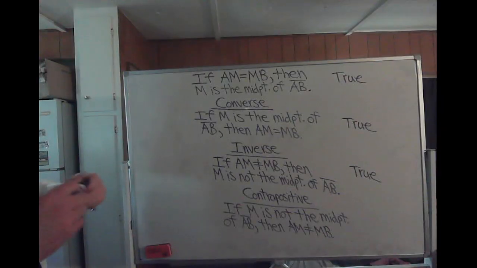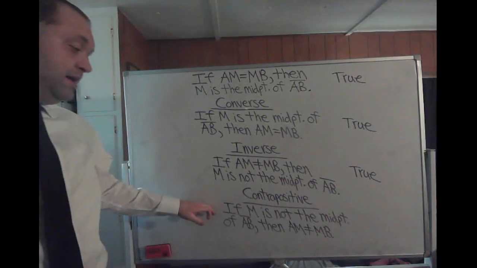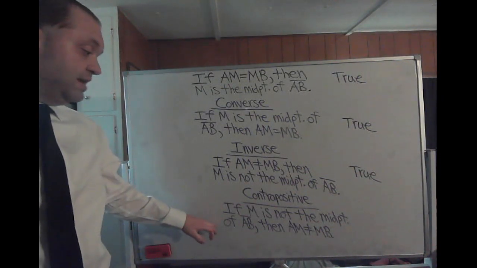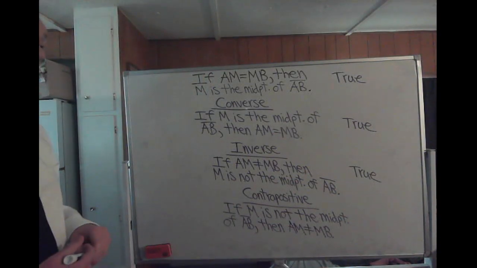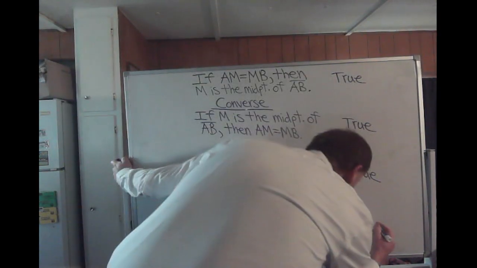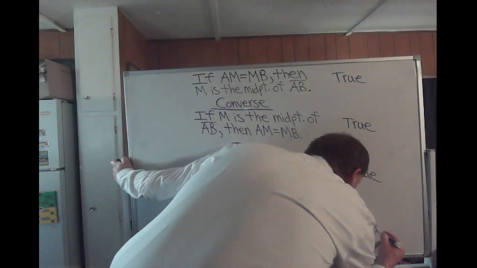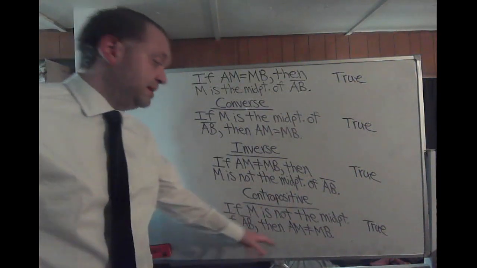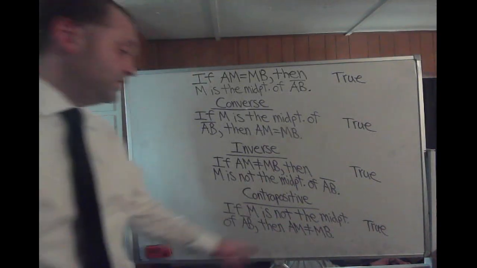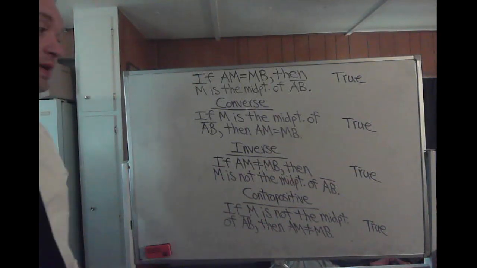So let's think about this one too. If M is not the midpoint of segment AB, then AM does not equal MB. Well, that's also true. Because by the definition of midpoint, if M is the midpoint of AB, then AM would equal MB. If they're not equal, then M's not the midpoint. It's that simple.